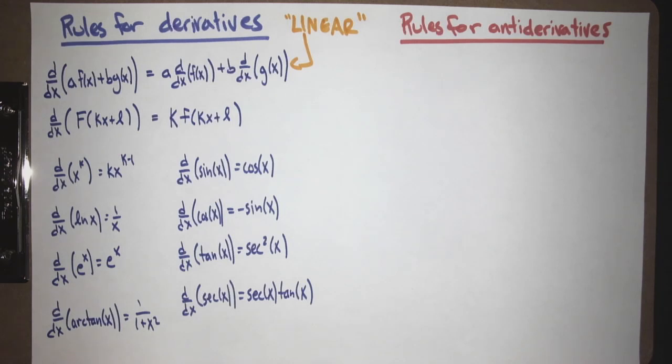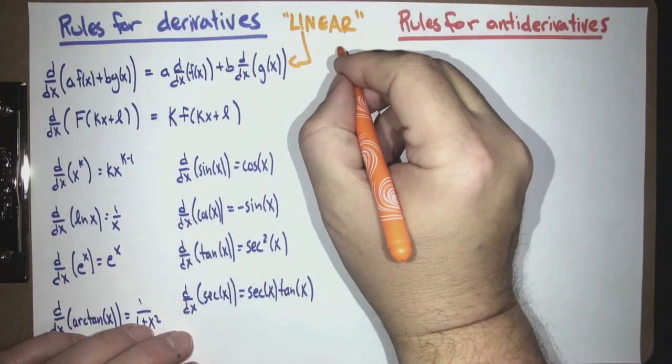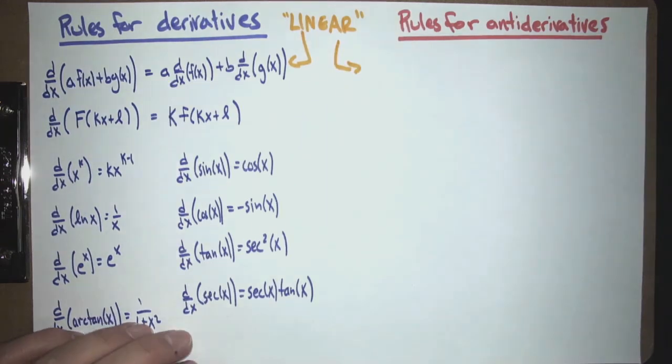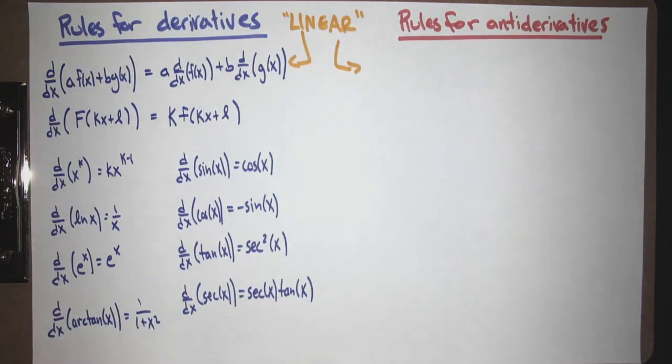So the linear part is our way of saying, oh, I can pull a big thing apart if it's being added into lots of little things. So that's the rule for derivatives. And what's going to happen is, since derivatives are linear, then we're going to get something nice about our antiderivatives.